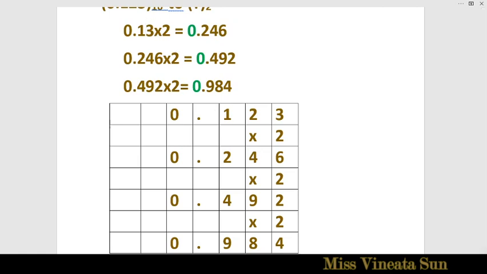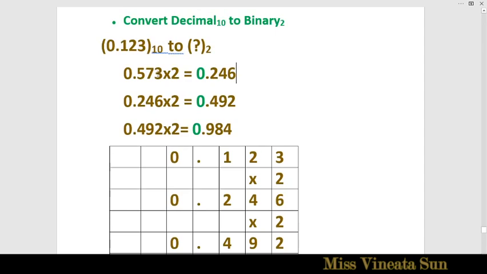So let me take 7 here. Maybe here I'll take 4, right? So if it is another number, that is 0.573, you have to convert to binary, then of course here it'll be 5, and this will be 7 3.